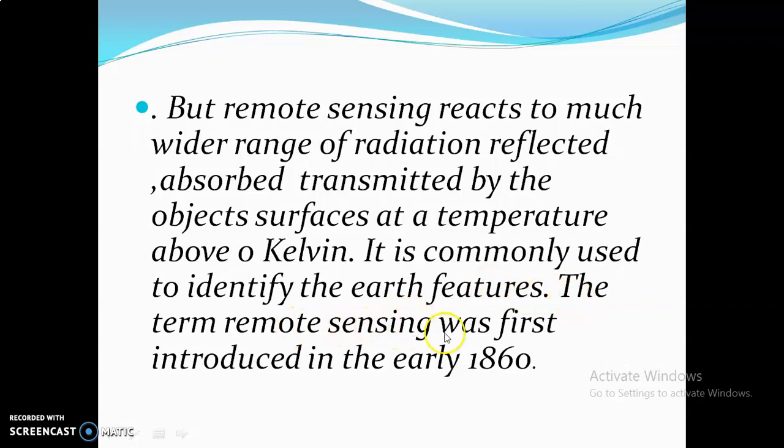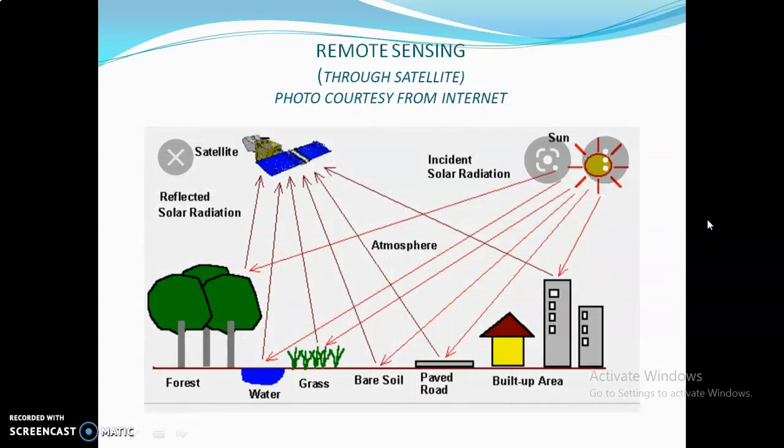The term remote sensing was first introduced in the early 1860s. I have already given the history of remote sensing, so there you will get about that. Now you see, this is the satellite, so much wider. What happens in the case of our eyes?